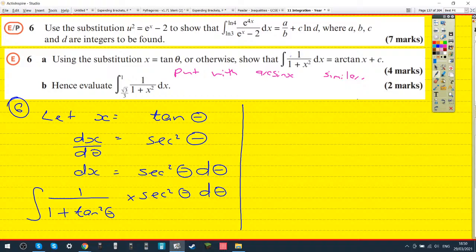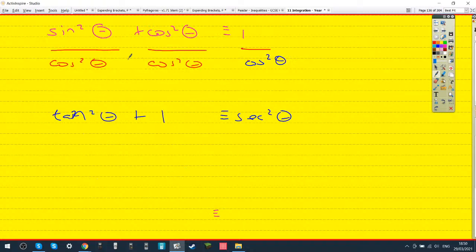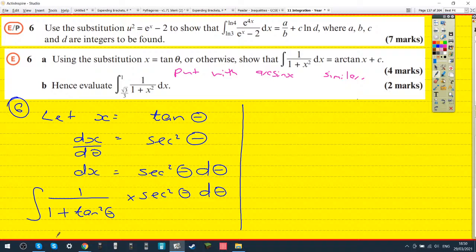So should I be doing sec squared theta minus 1? So what is tan squared theta plus 1 the same as? Sec squared theta. What is 1 plus tan squared theta the same as? Sec squared theta. Yeah. And will that just be cos squared theta? Sorry, fine, it's 1. There you go.